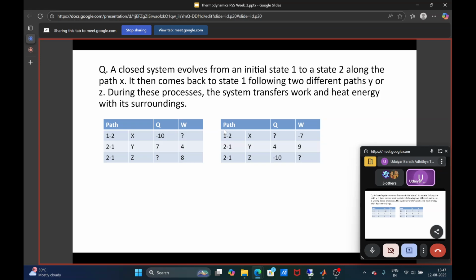So next question. A closed system evolves from an initial state 1 to a state 2 along the path x. It then comes back to state 1 following two different paths, y or z. During this process, the system transfers work and heat energy with its surroundings.